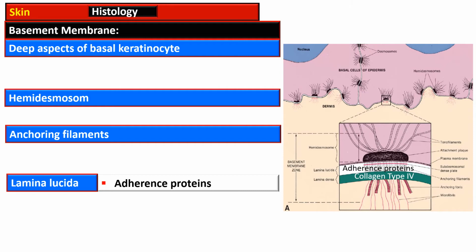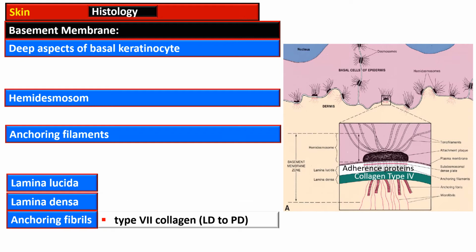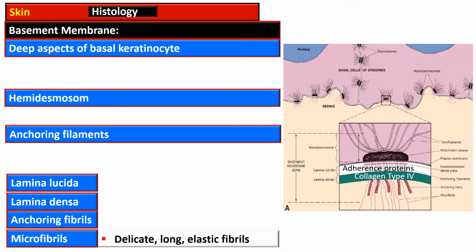Lamina lucida is composed of adherence protein, while lamina densa is composed of dense type 4 collagen. Anchoring fibrils are down there, and these anchoring fibrils are composed of type 7 collagen, and they bind this lamina densa to the papillary dermis. And microfibrils are there also.